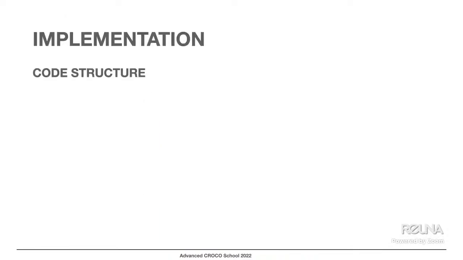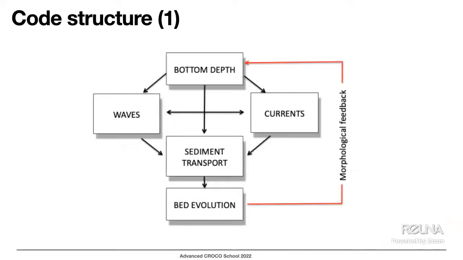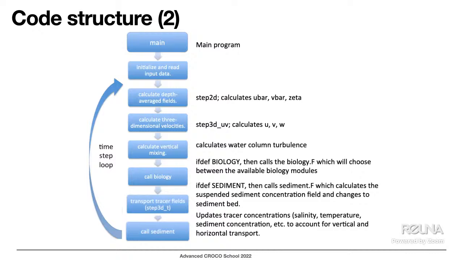So in terms of implementation, I will talk here about the code structure, and explain why it is in the model, if you want to go into it. If we take the time stepping of CROCO, you have the standard time stepping.